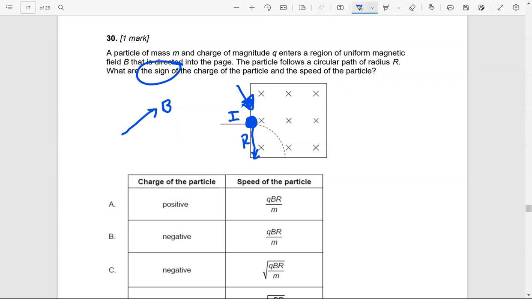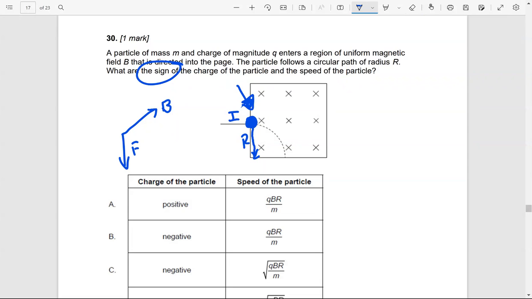So with Fleming's left-hand rule, we've got the force acting downwards. So your thumb is acting downwards. And your field, your first finger, is acting away from you into the page. All right, into the desk, however you're holding the page. Okay.